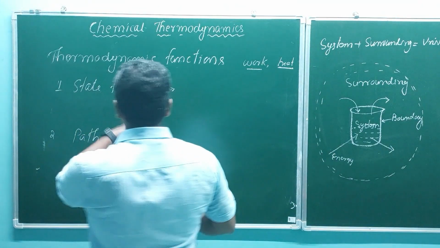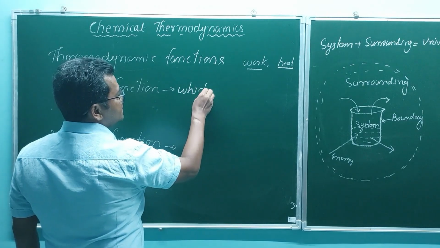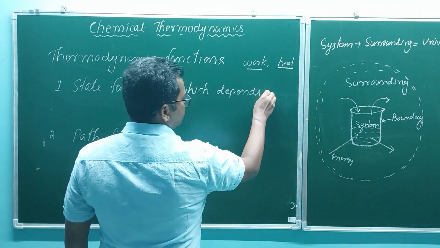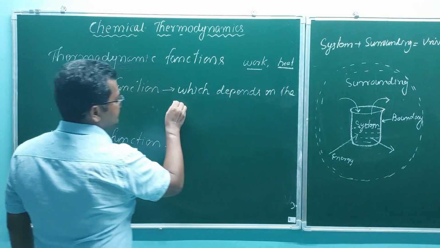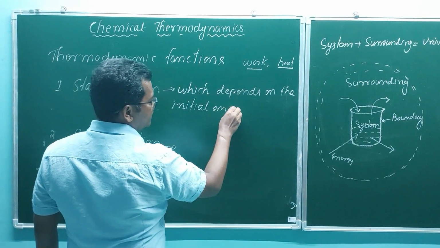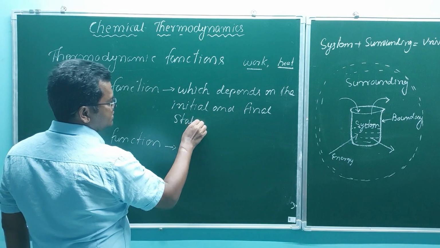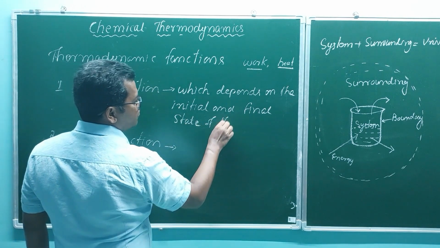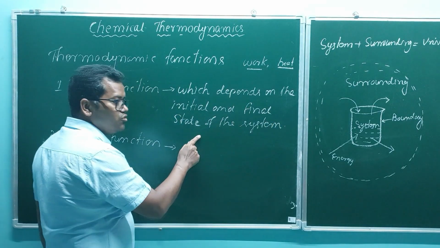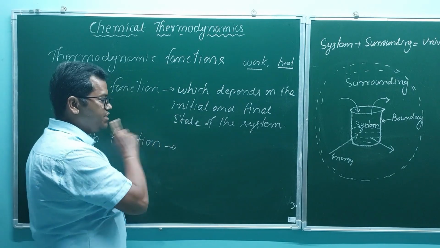So what is a state function? A function which depends on the initial and final state of the system and does not follow the path through which the system changes its state.